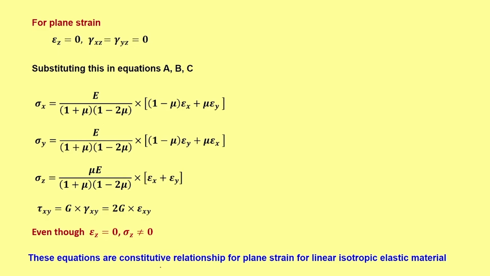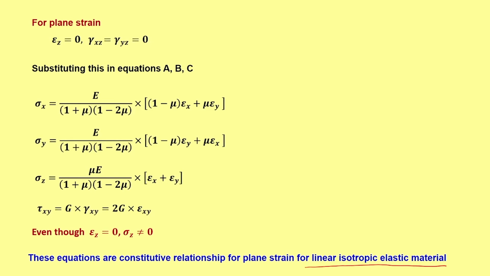So, these equations are known as the constitutive relationship for plane strain for linear isotropic elastic material. Constitutive relationship, we know, is the relationship between stress and strain, and it represents the material characteristics as well. Here this is specific to plane strain condition.